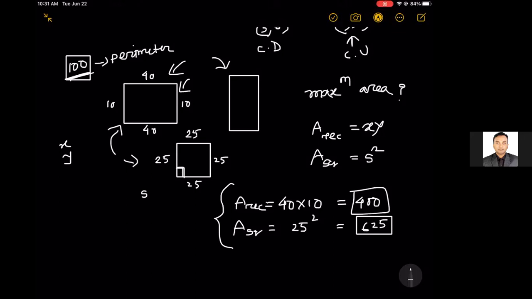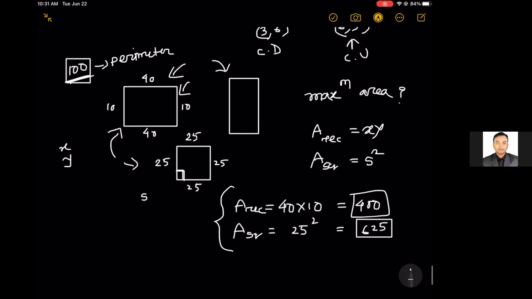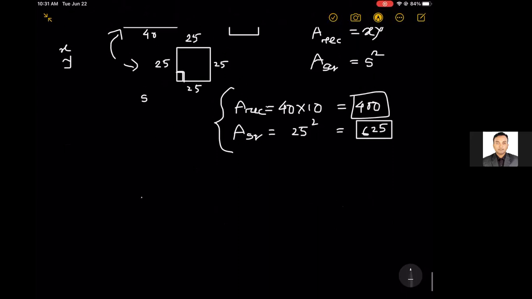Okay, now let us go back to the problem we had. We had the perimeter 100 and we're looking for the maximum area. First of all, our question might tell us, write the area in terms of the width y.